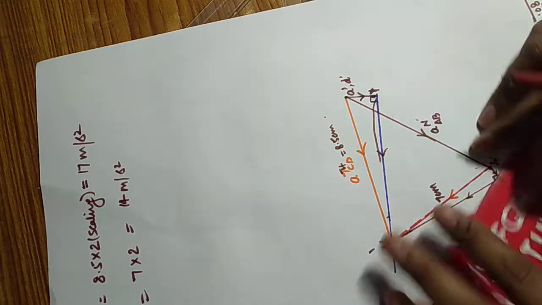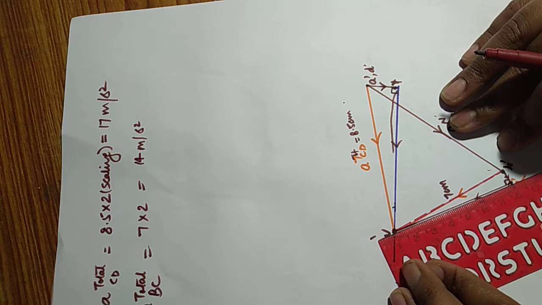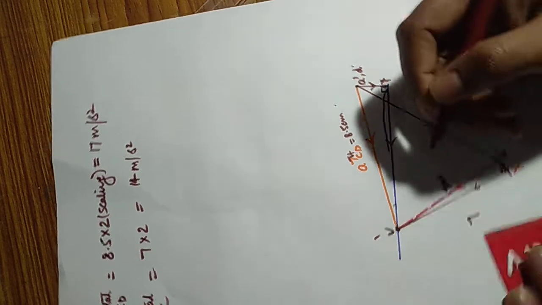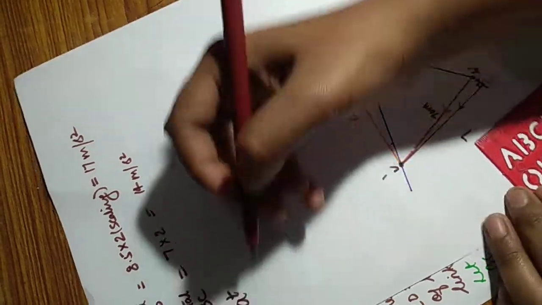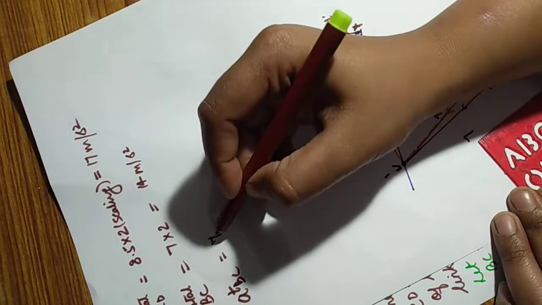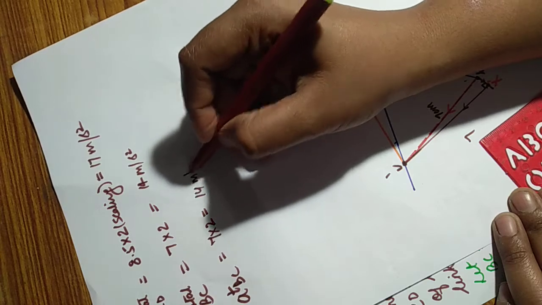So we are going to measure this particular direction, and it comes out to be exactly 7. So A tangential of BC is 7 into 2, that is 14 meter per second square.